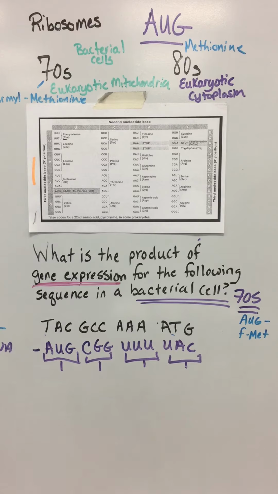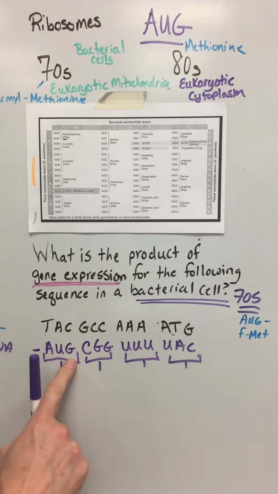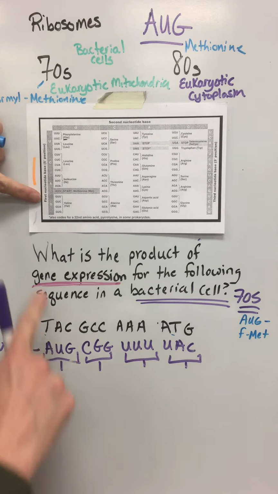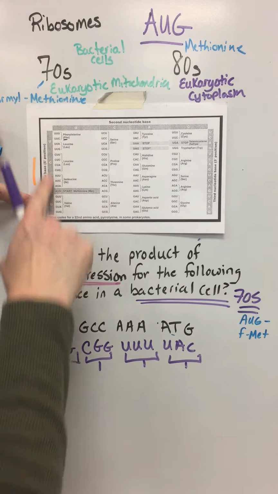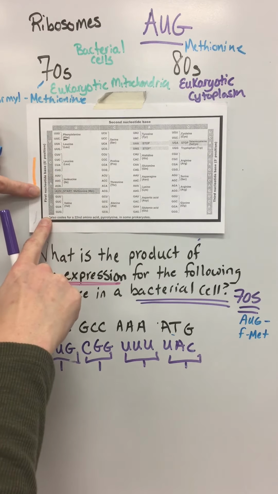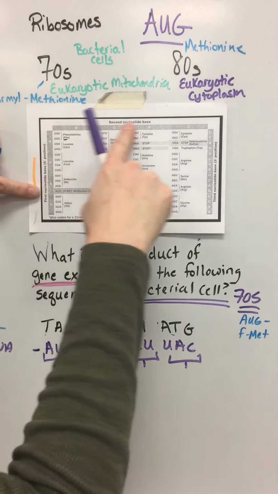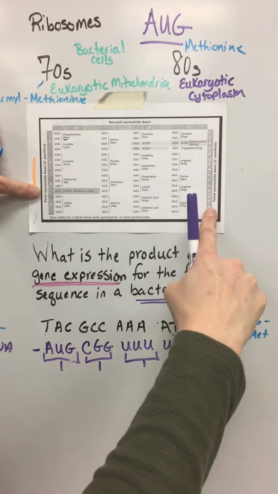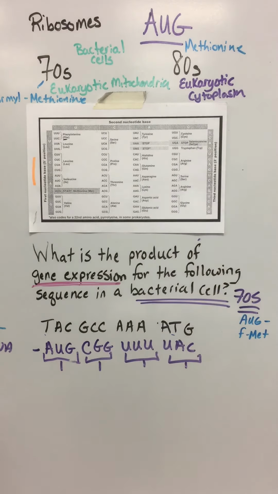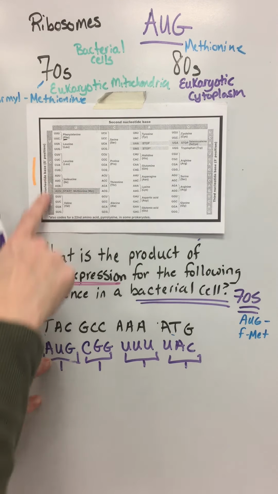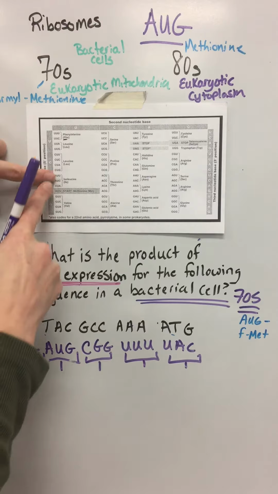Now, reading that genetic code, let's take it one codon at a time. When we look at a codon, it includes 3 separate nucleotides. The first nucleotide of a codon, we find it represented on the left-hand side of this genetic code. The second is across the top, and the third one is on the right-hand side. So when we take a look at codon number 1, our first nucleotide is adenine. So we look along here and we find the adenine.